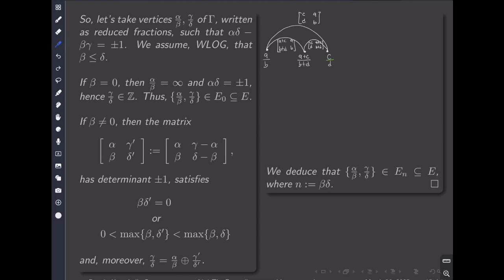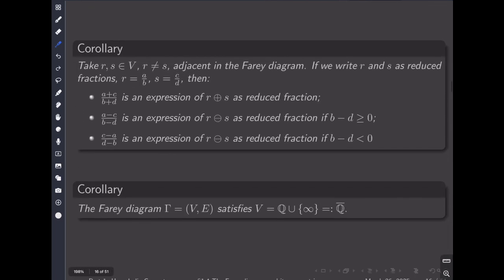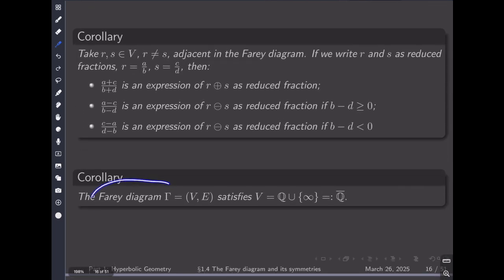So it's quite easy. So the Farey diagram actually satisfies that one covers all rational numbers. Every rational number occurs as a vertex. So no strange things happening.